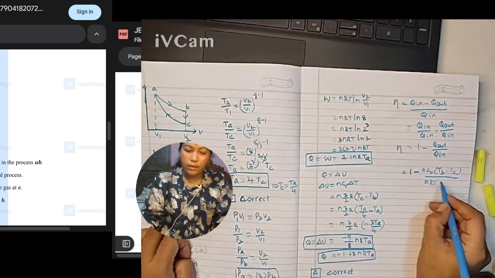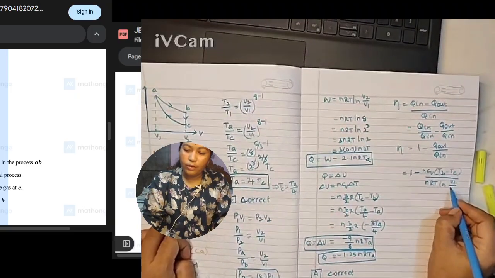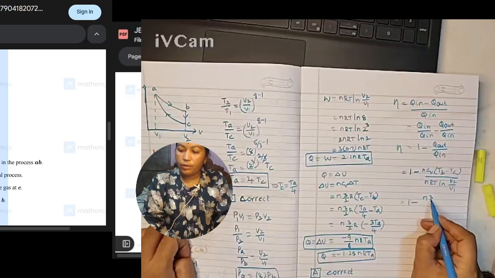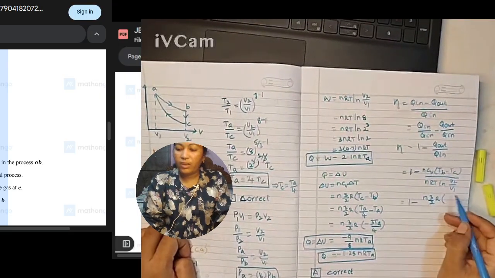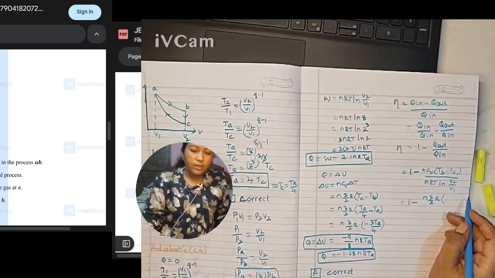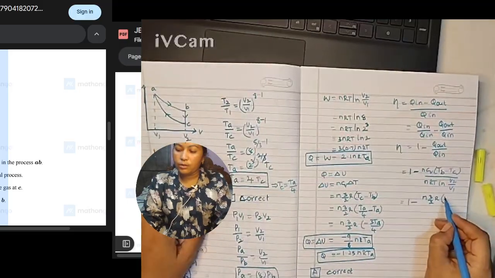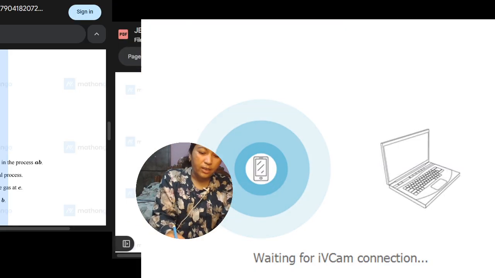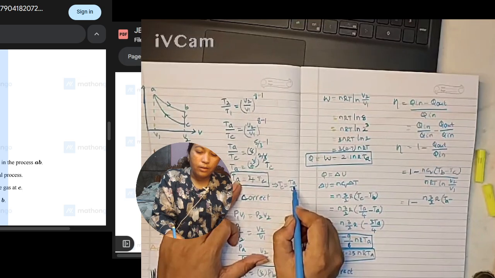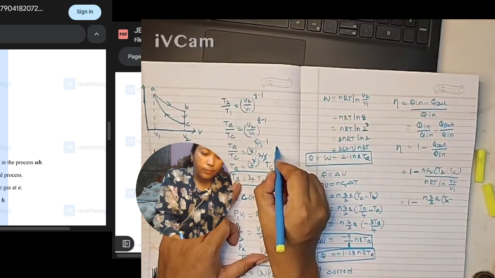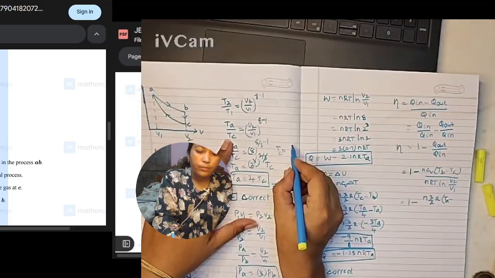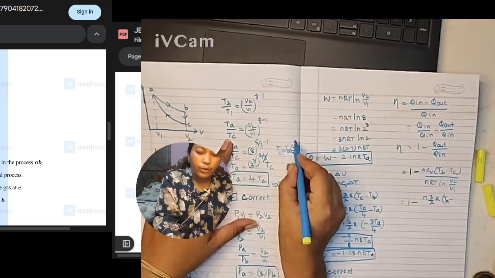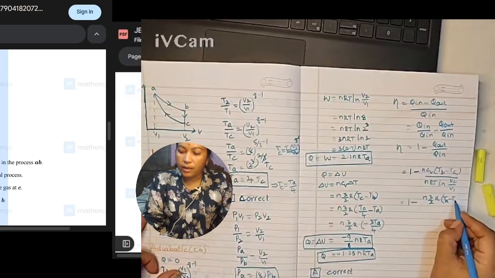W is nRT logarithm V2 over V1. So eta is equal to 1 minus n times CV, whose value we know is 3 by 2 R, and here I am writing TB. What is TB? TB is nothing but TA. So I am writing TA minus TC. TC is equal to TA times V1 by V2 to the power of gamma minus 1.